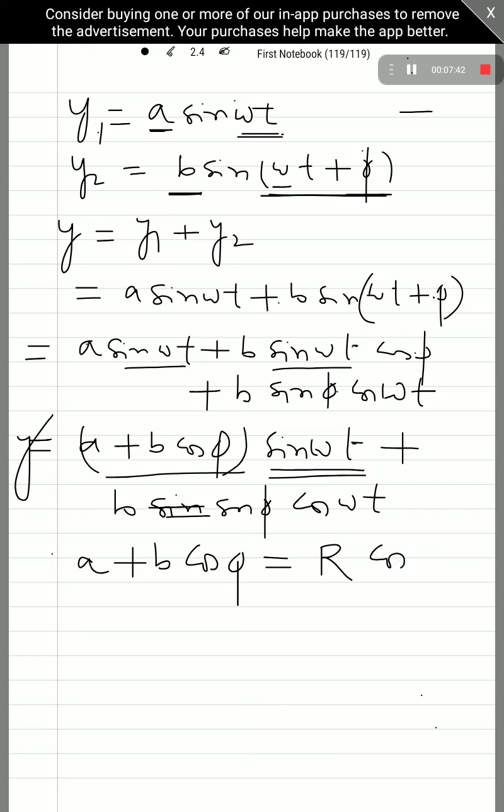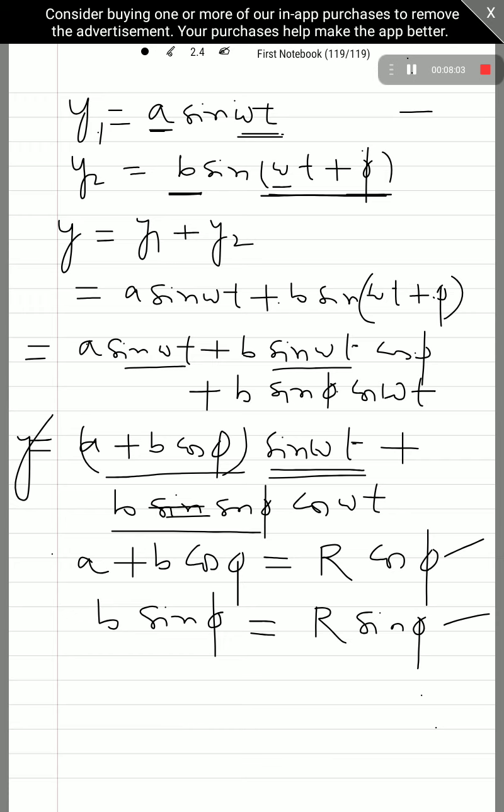And we have another term here, B sin phi, equal to R sin theta. We have written these terms for some reason and will make use of these expressions in the original y.